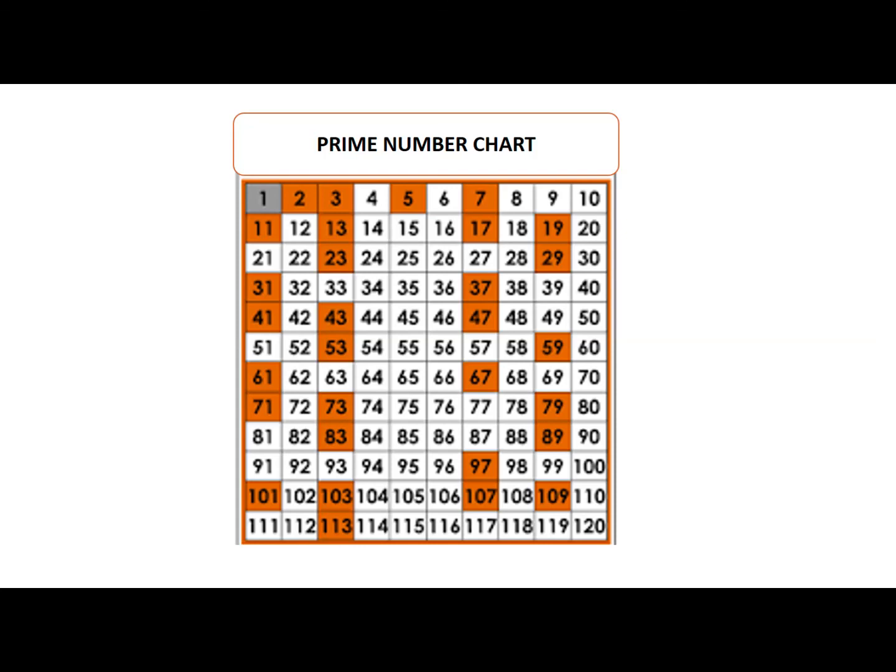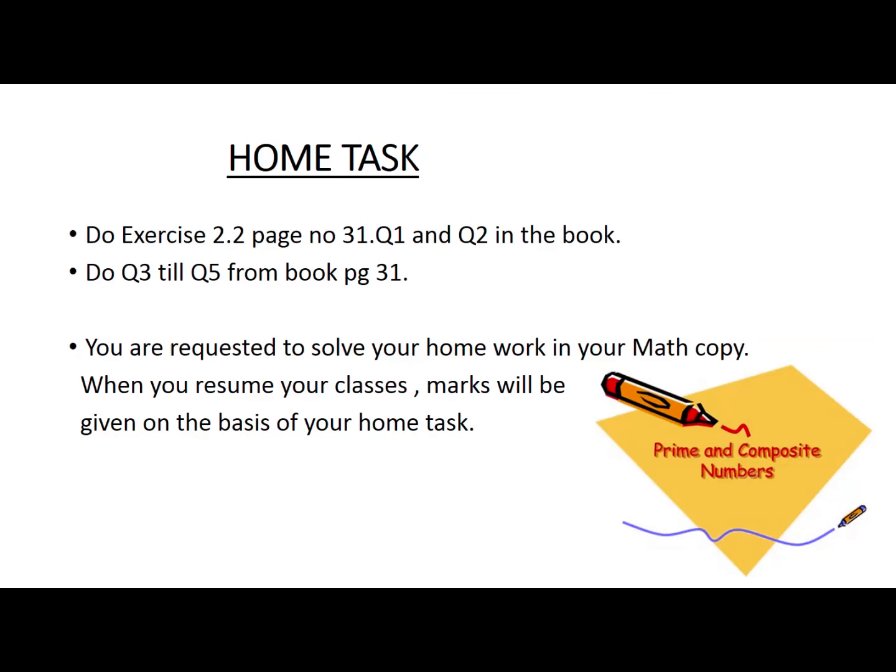As you know, number 1 is a special number, so it is in gray color, and all yellow colored boxes contain prime numbers and the rest of the numbers are composite numbers. So students, I hope you all clearly understand the difference between prime and composite numbers.